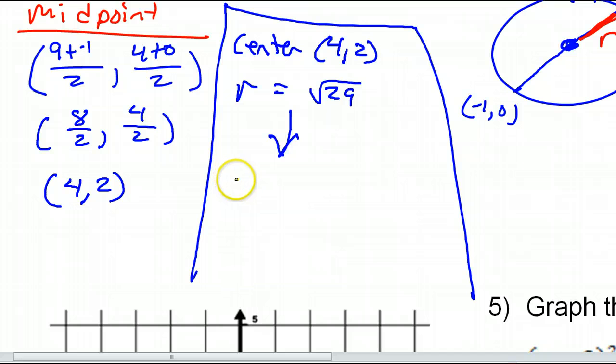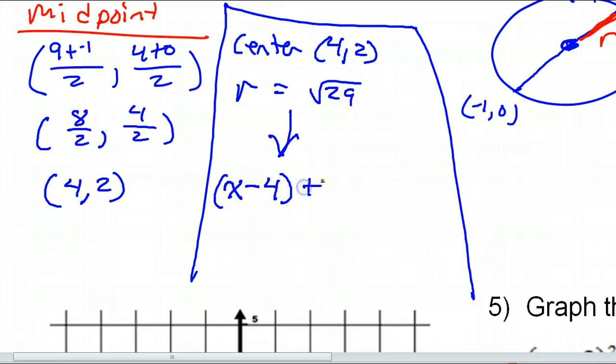Okay? Tiger, start me off with the equation of that circle. Alright, well, it's going to be x, wait, we're doing the opposite of the signs of these, all right? So x minus 4, and then y minus 2.